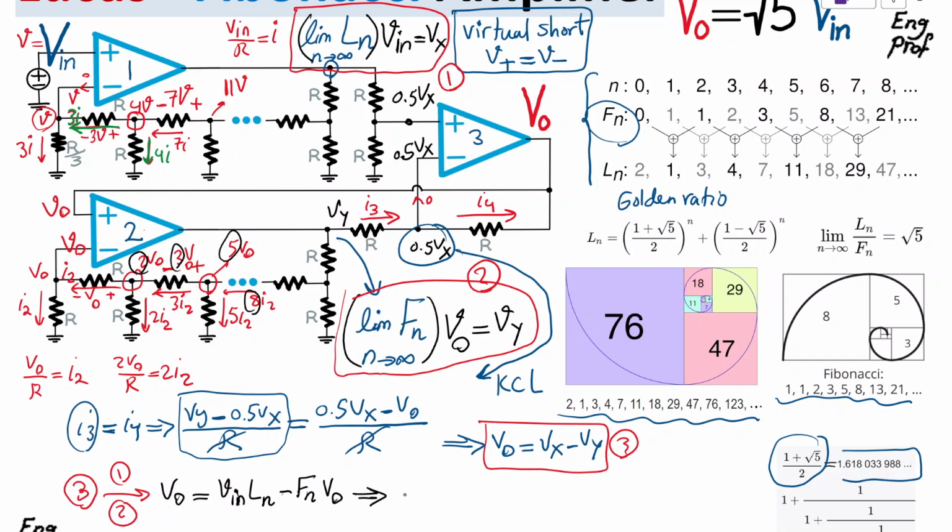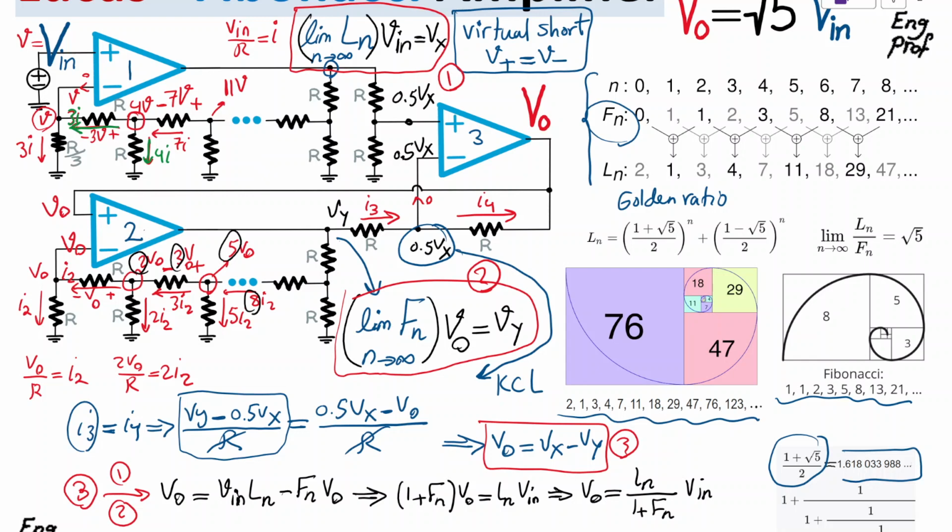So as a result, we have 1 plus Fibonacci number index n times Vout equal to the Lucas number n times Vn. So as a result, I get Vout is equal to Lucas number divided by 1 plus Fibonacci number times Vn. And when n goes to infinity, basically the size of this infinite resistive network is getting very large.